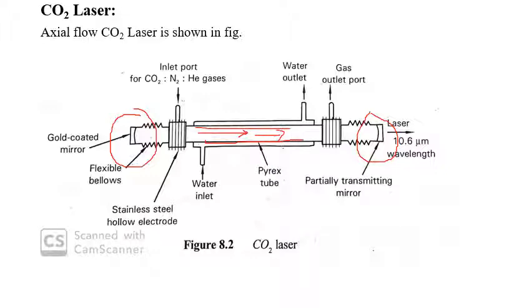So to cool down this tube, one layer is covered around this Pyrex tube for cooling purpose. That is the coolant or cooling system, which helps cool down the temperature of the tube.